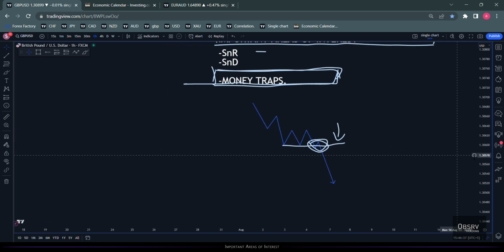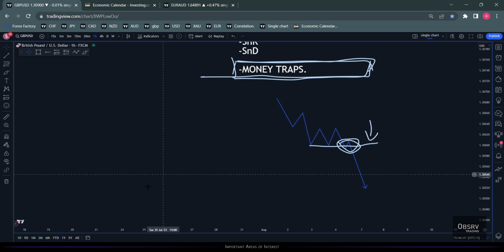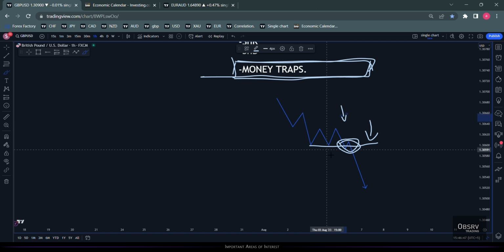For the institutions who are trading bigger money to make money, let's say they want to make money on the sell side, there have to be buyers that need to come in. Because if there are no buyers, they cannot sell to anyone. So they need buyers to come in.